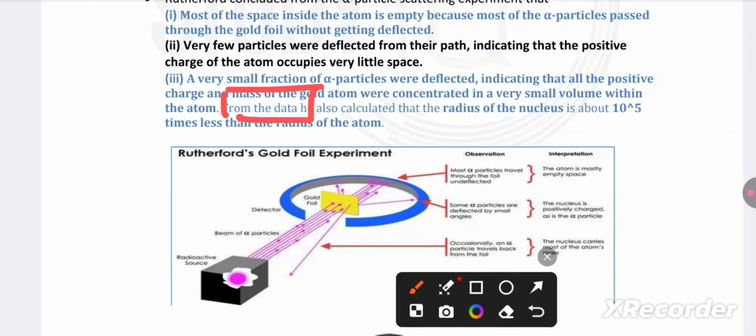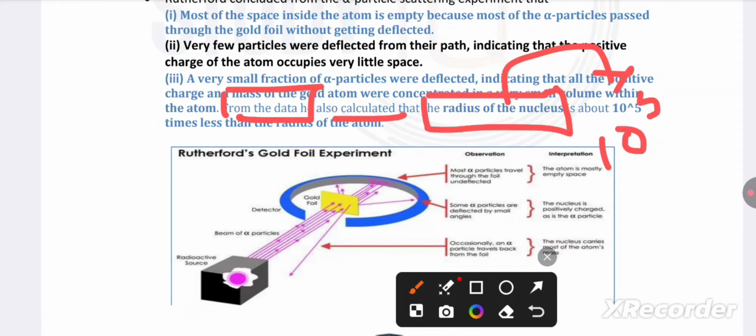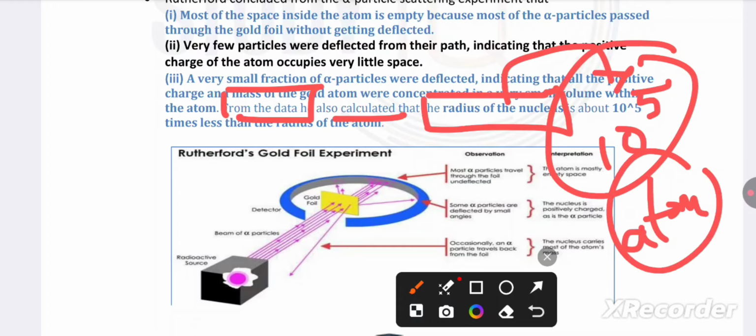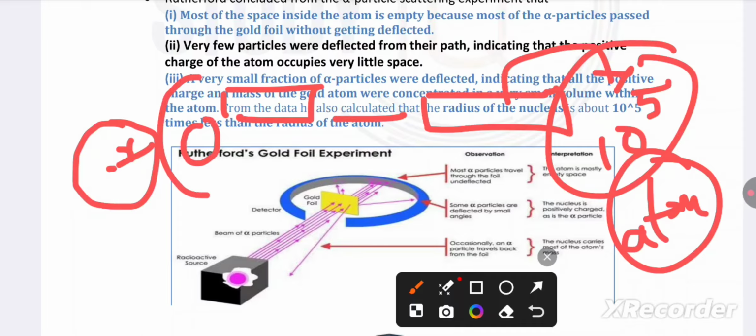From this data he calculated the radius of the nucleus. The radius of the nucleus is 10 to the power 5 times less than the radius of the atom. We assume this is the atom, this is the radius. Inside the atom the nucleus is there, this is the nucleus.